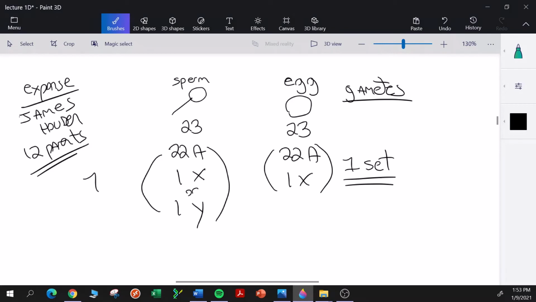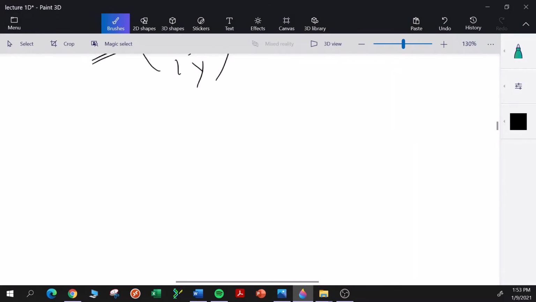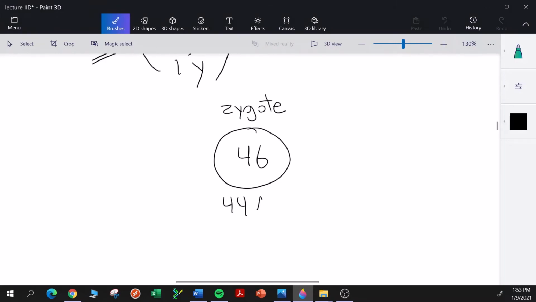So there's 1 set of chromosomes in the sperm, 1 set in the egg, and they come together to make the zygote. Now the zygote is the first cell that results from fertilization of the egg by the sperm. And the zygote has 46 chromosomes. This is humans, this isn't all animals. So 44 autosomes and 2 sex chromosomes, normally.